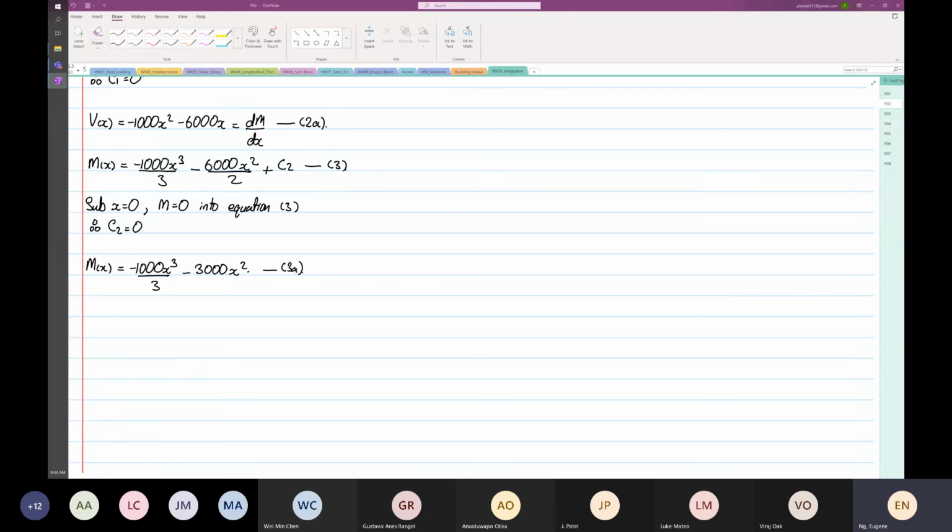So next we're going to plot our shear force and bending moment equation. Now we can plot the distribution of the shear force and bending moment.